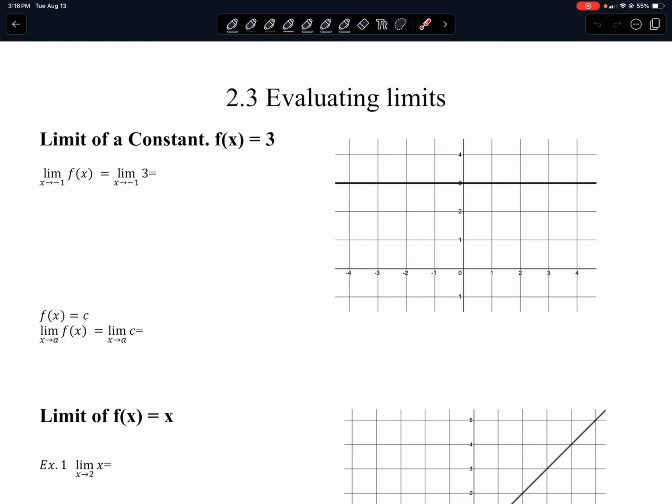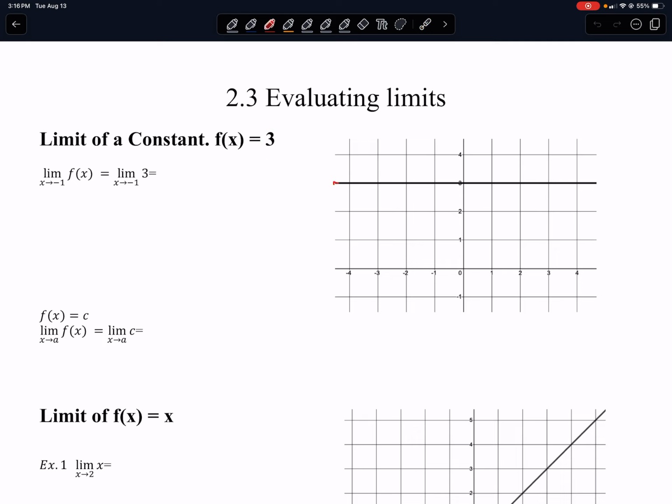So we're doing rules of limits. What can you find a limit of? And as we learn more, this becomes easier. So the first part, the limit of a constant function. So what is a constant function? It always equals the same number no matter where you are.